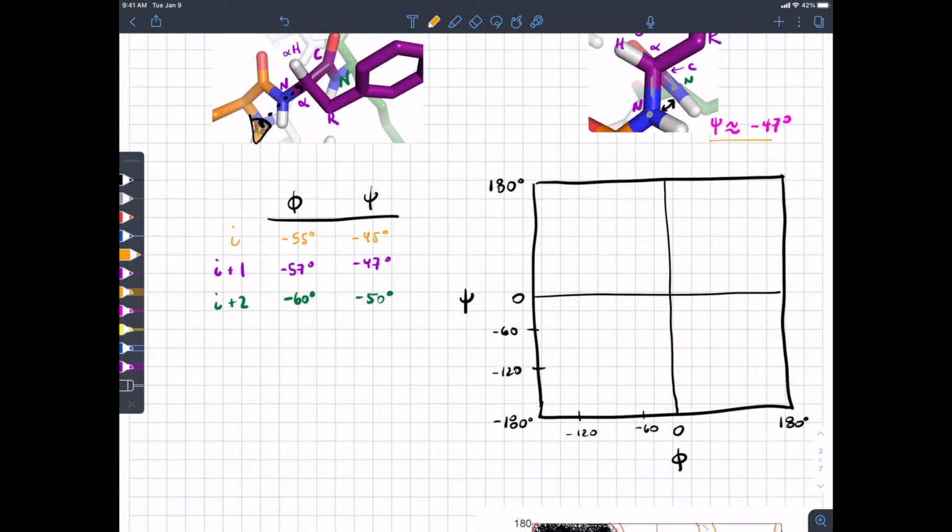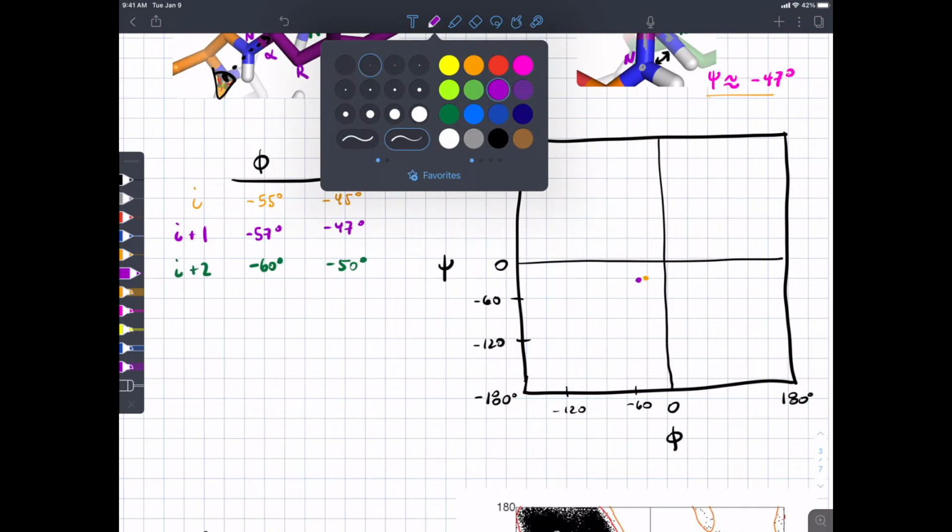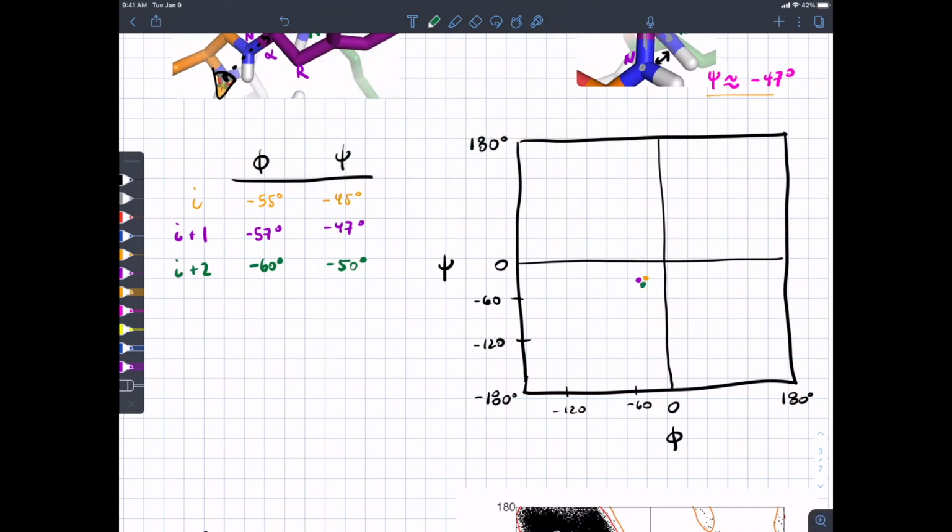If you plot on this map of phi and psi values where our amino acids are, they show up sort of right here. And actually, as more and more crystal structures were analyzed, they saw a lot of amino acids that adopted dihedral angles in this region.